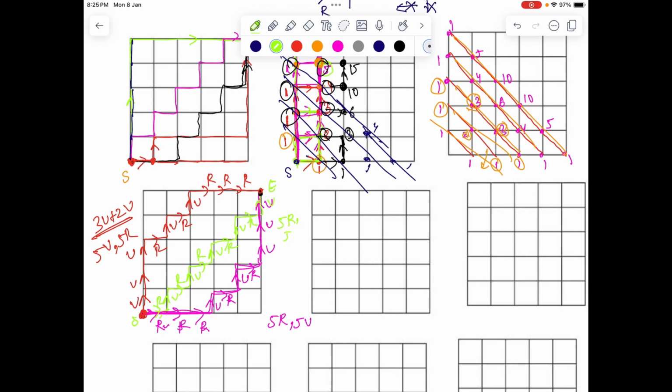So we still have 5 right and 5 up. So far so good, because even if I pick some other path, you can convince yourself very easily that you have to lift yourself by 5 units in the up direction and 5 units in the right direction.